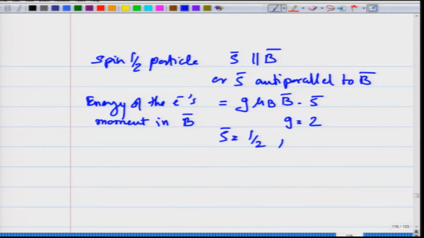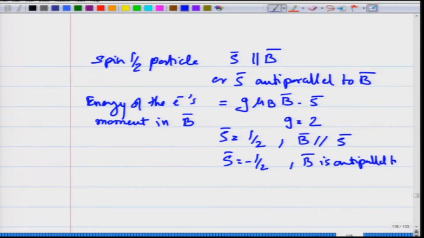For S equal to half, the magnetic field is parallel to the spin. For S equal to minus half, the magnetic field is anti-parallel to the spin. So, let us substitute for spin half the energy.